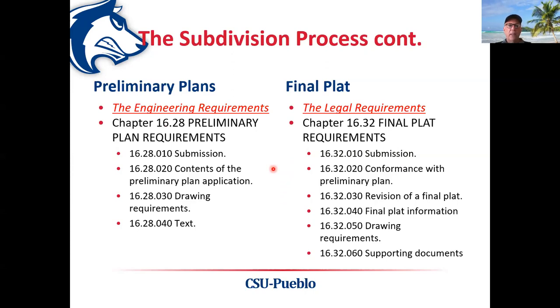The preliminary plan is one that I like to use the term engineering requirements. It really is where the engineer designs the particular rules for the creation of this subdivision, and it would tell the builder how to create the subdivision and within what sort of standards or guidelines. I like to use the term the engineering properties.